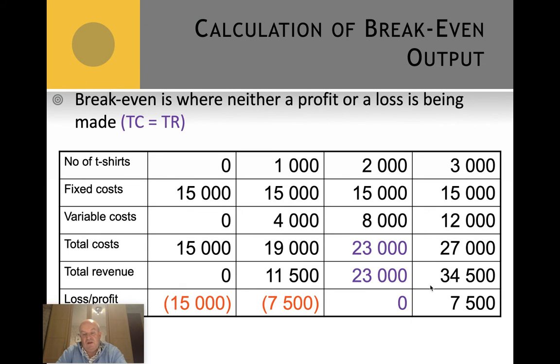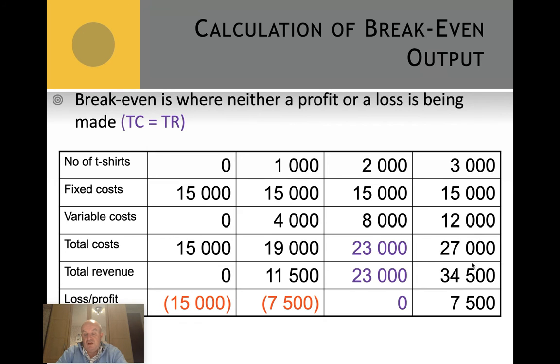Now, as soon as we get into the next level of output, 3,000 units produced, we've got, again, £15,000 worth of fixed cost and £12,000 worth of variable cost. Total costs in this instance are £27,000, but we've achieved total revenue of £34,500.